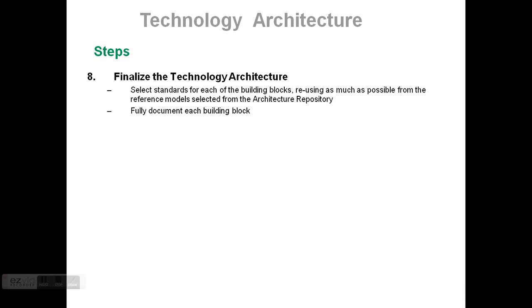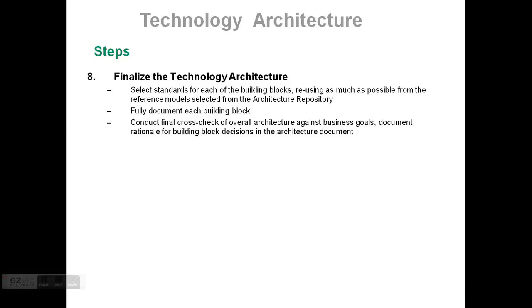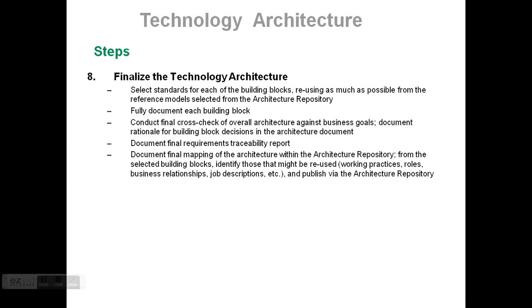We also fully document each building block that we are building. We conduct a final cross-check of overall architecture against the business goals, documenting rationale for building block decisions in the architectural document. We document the final requirement traceability report.